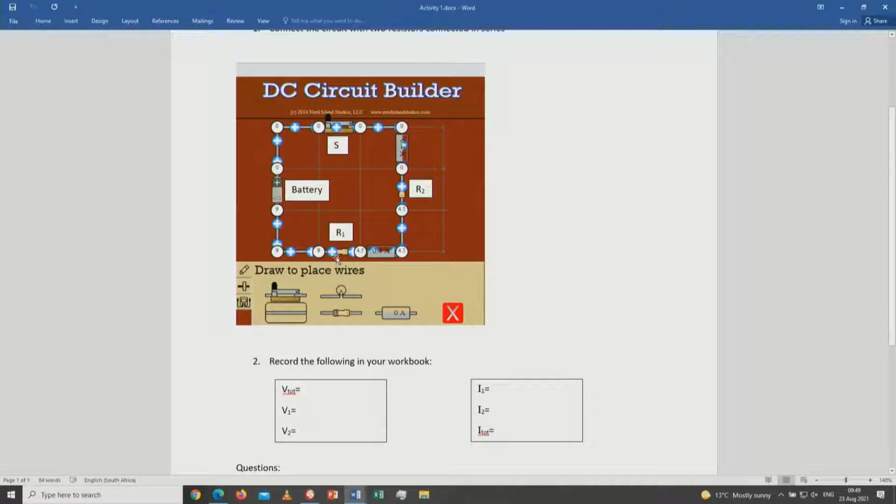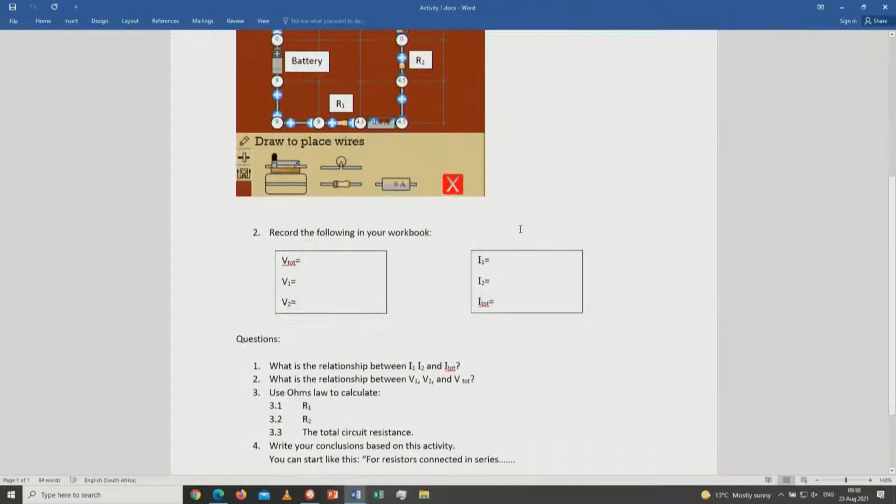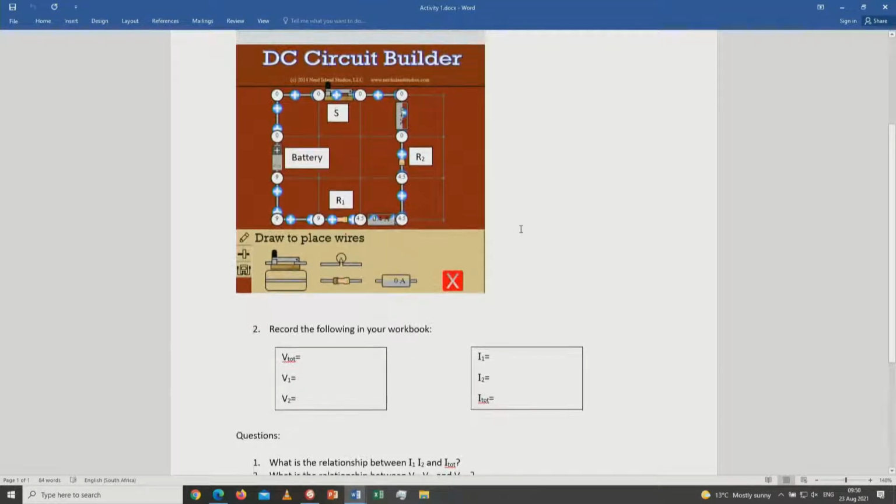So you see, in this case, the resistor R1 is partially covered by these positive charges moving through the circuit. So that is why it's not easy to see this, but R2 is there as well. You can take the same values that we have here as the values that we have on that circuit. Let me give you a few minutes then to record your findings.